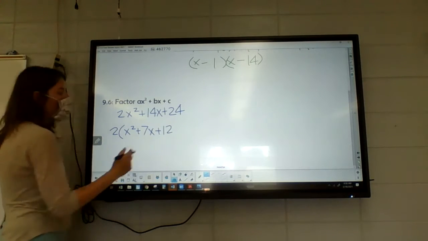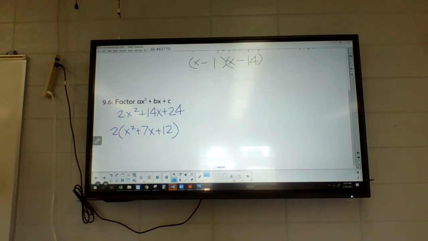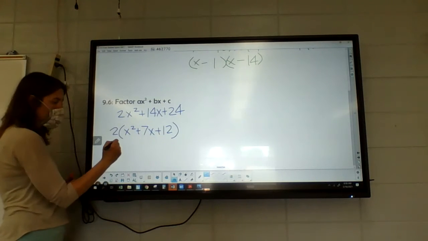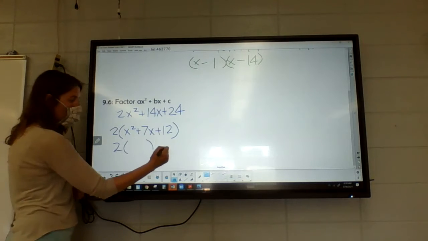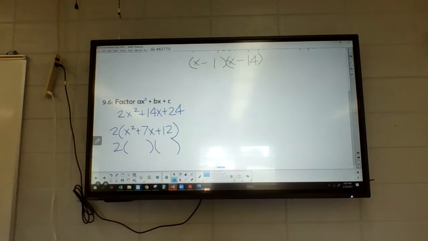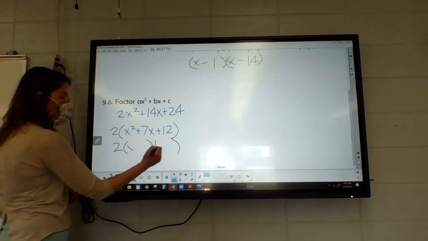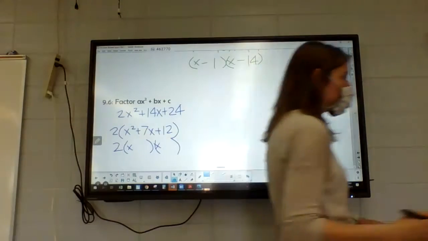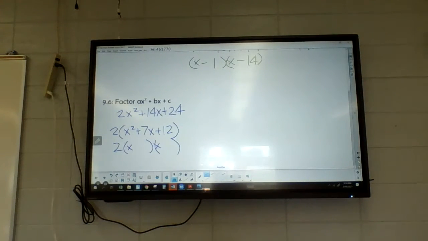Once I take that GCF out, it makes what's inside here a lot easier to factor, because now I can just do this type of factoring, where it's x times x. I want to multiply to 12, add to 7.